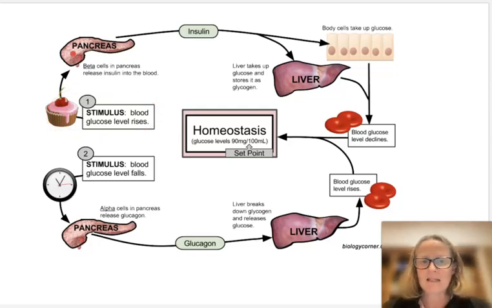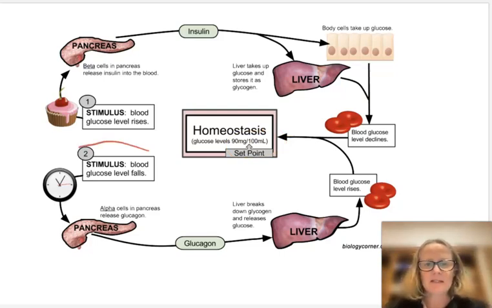The pancreas detects that and releases insulin into the blood. Insulin travels around in the blood. It's a hormone, and when it reaches the liver or any body cells, it communicates to the liver to take up glucose out of the blood. That means the blood glucose levels fall and go back to the set point of 90 milligrams per 100 milliliters of blood. Now, that's great.